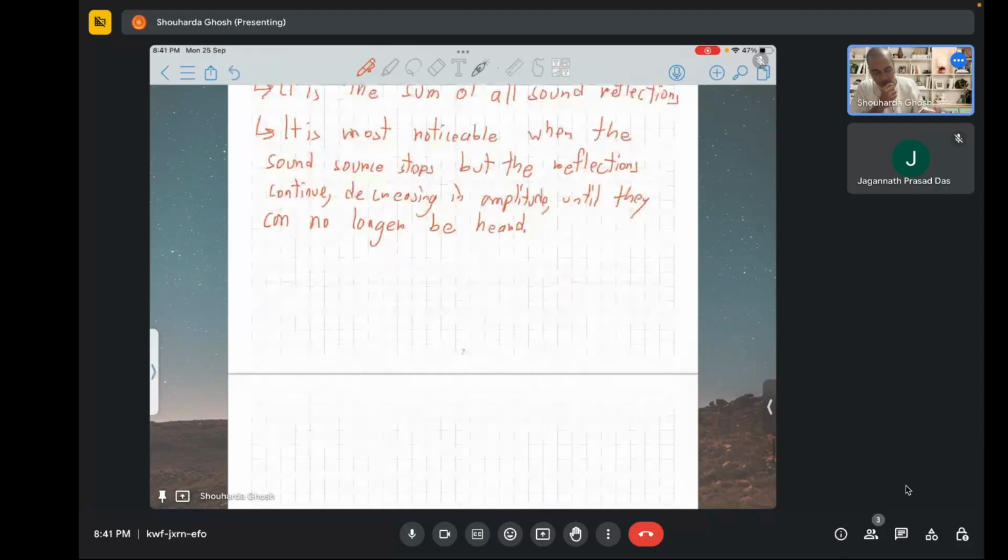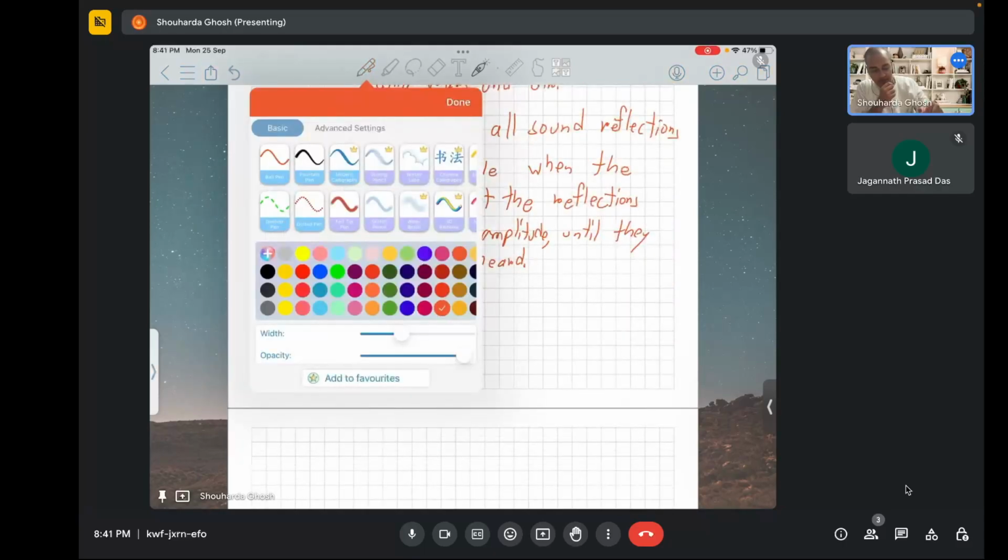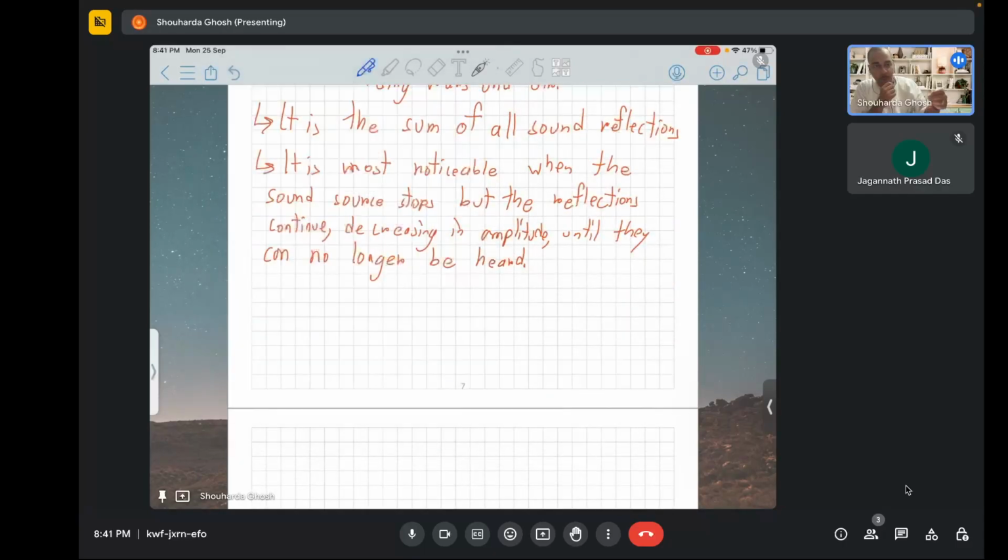Okay, so how does this echo differ from a reverb? How does reverb differ from an echo?